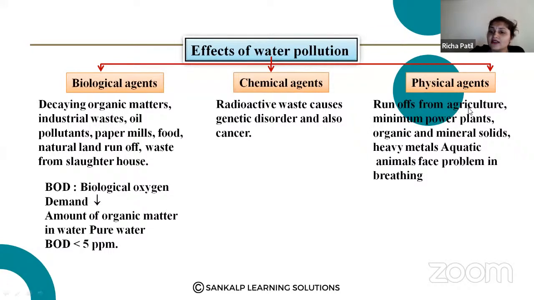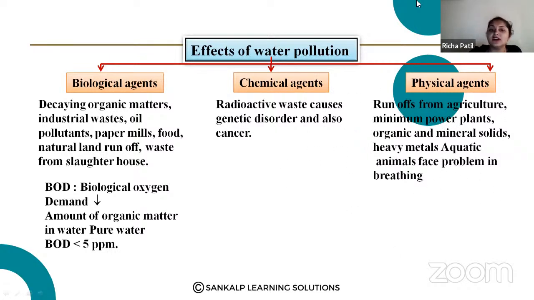Then from agriculture, most of the time they continuously pass the water. So runoffs from agriculture, minimum power plants, organic and mineral solids, heavy metals, and aquatic animals face problems in breathing.